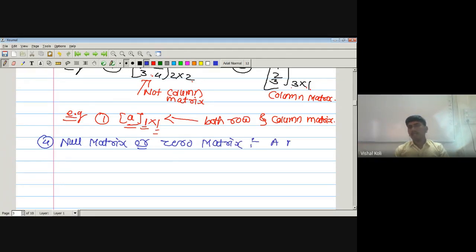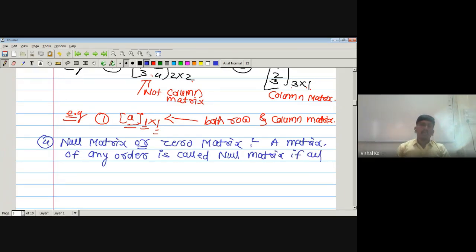A matrix of any order is called a null matrix if all of its elements are zero.